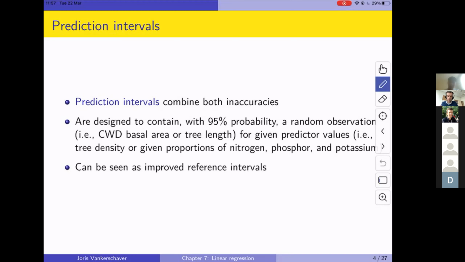It's a bit hard to talk through it, but what do we mean again by that 95% probability that I have on the slide? It's the same interpretation as for confidence intervals. If we make 100 predictions, and for each we draw the prediction interval, and now we measure the height of the person.